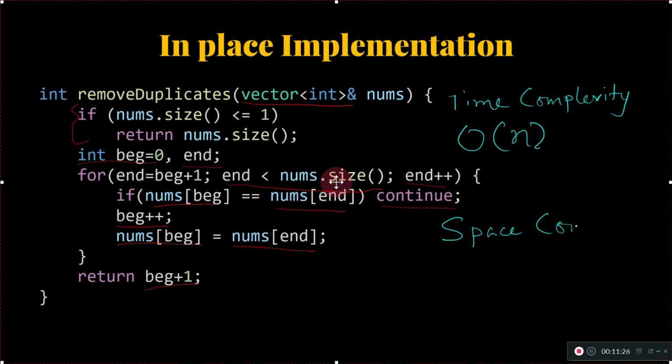And what is the space complexity? The space complexity is basically we are not using any extra array or set or anything, we are just having these two variables, and that's it. So the space complexity is order of 1, right?